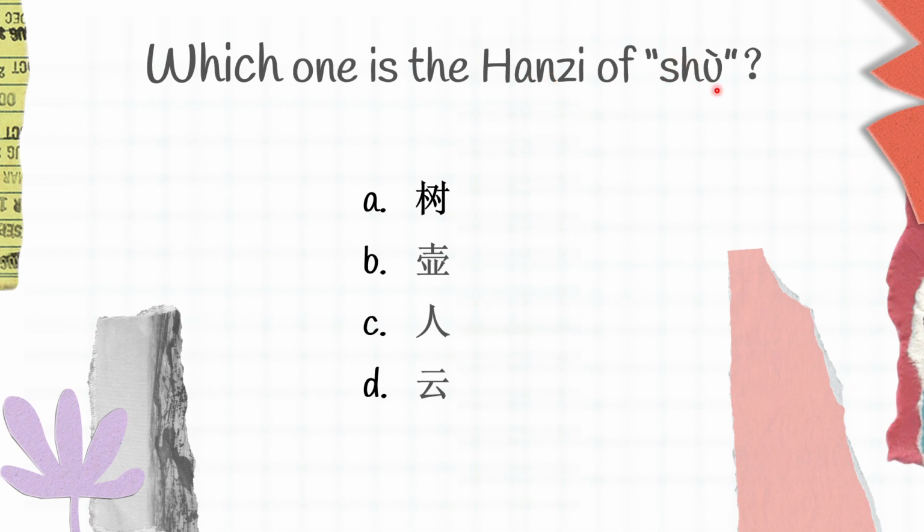I will explain it later. A is 树, B is 虎, C is 人, D is 云, and 树 is A.